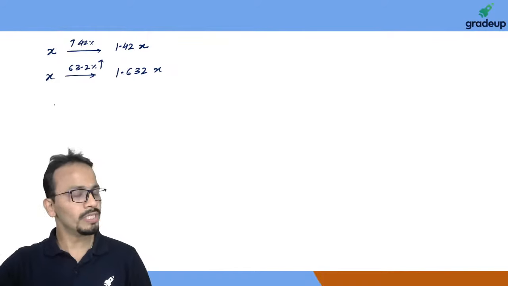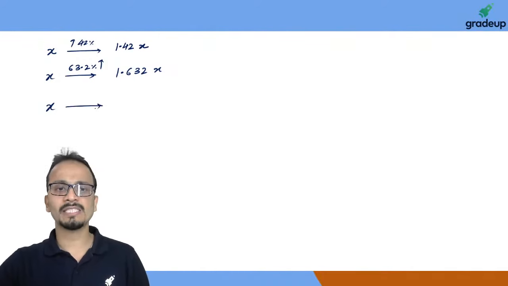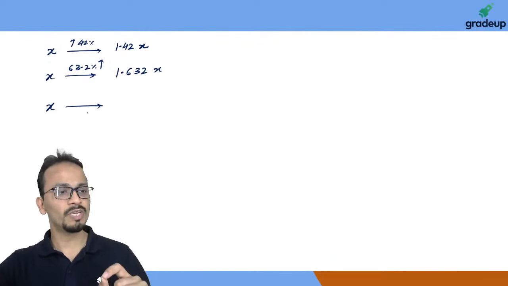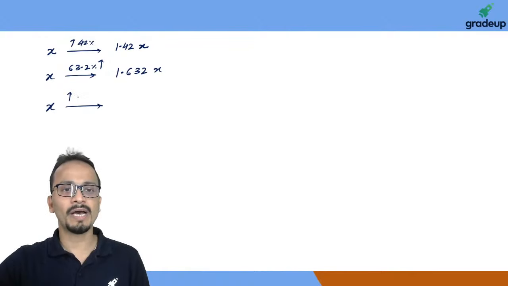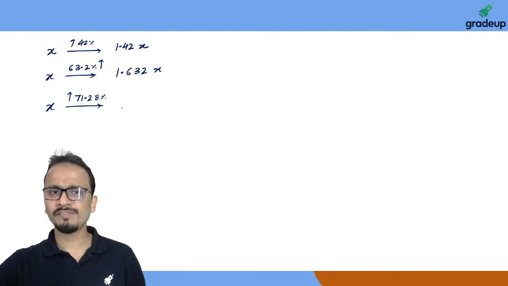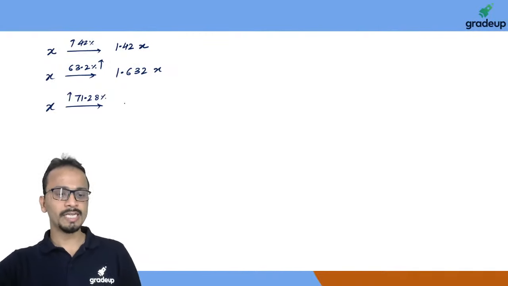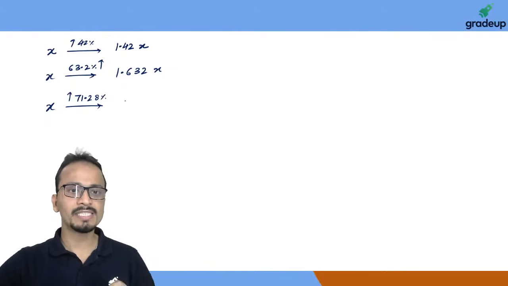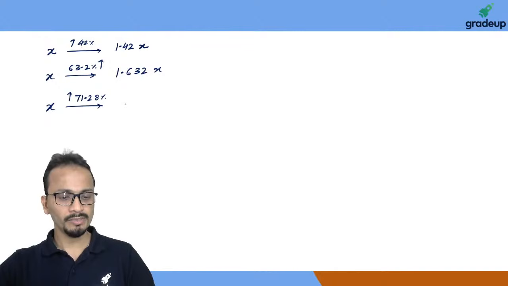Those who are attending this lecture, you may reply with these answers in the chat box. I'm doing the calculation with you. If you have the answer, please write it in the chat box. It will increase the participation. Let's say I want to increase x by 71.28 percentage. The final value will be, I'll wait for 5 seconds for the response from your side.